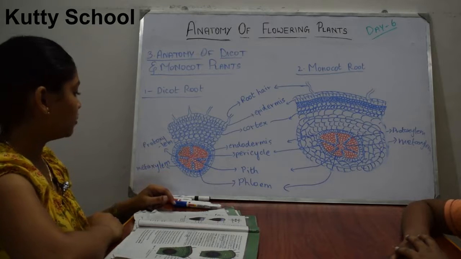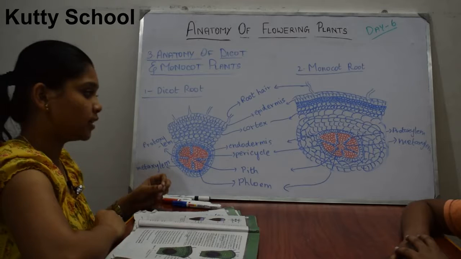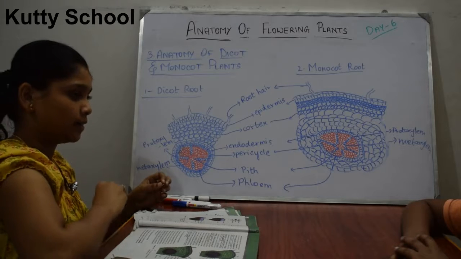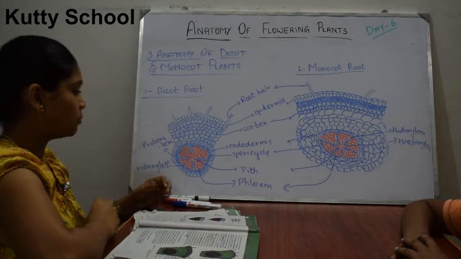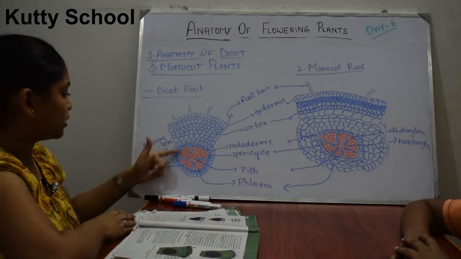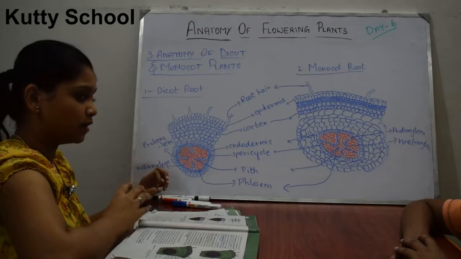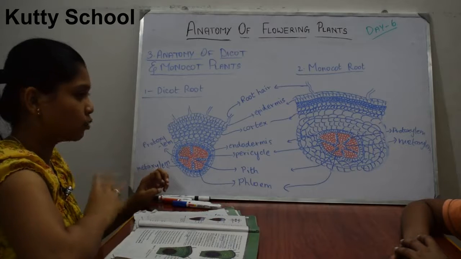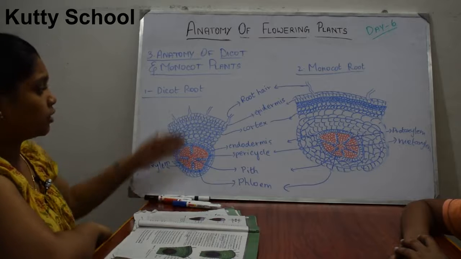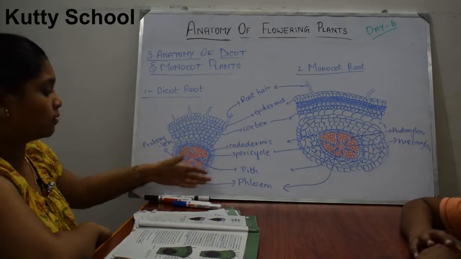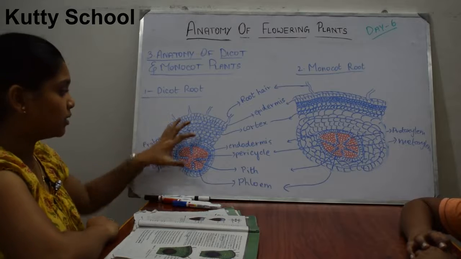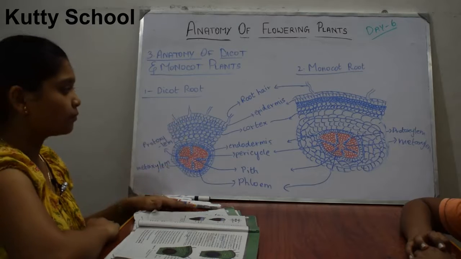And in xylem, we already studied that in root it is the exarch condition, where the protoxylem lies at the periphery and metaxylem is inside. So this is the exarch condition, which is present only in roots. Can you see the cortex, endodermis, pericycle and pith, which you asked about in that class? These are the cells here.